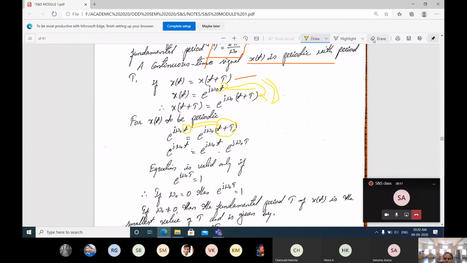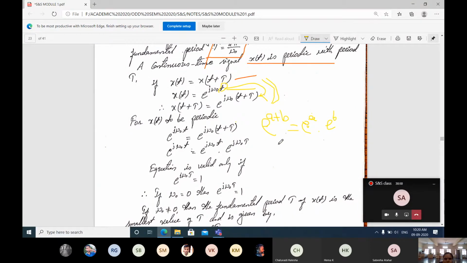Okay. Next, here I am going for e power j omega as it is. If e power a plus b is there, how will we write it? In general, e power a you will be writing into e power b.